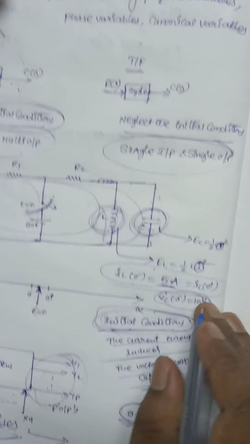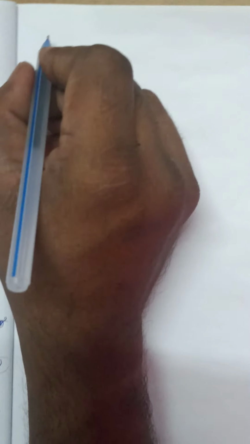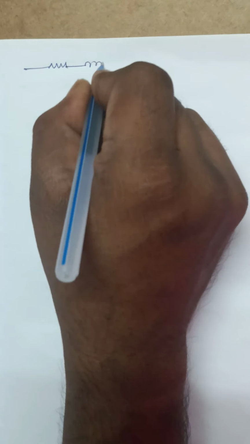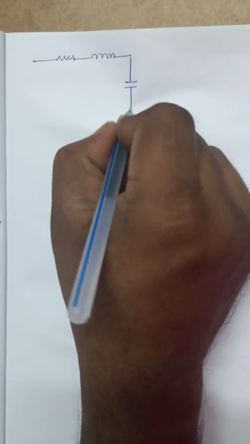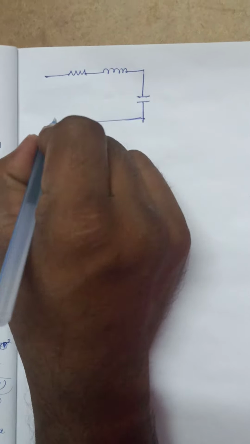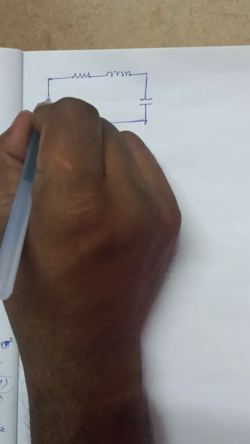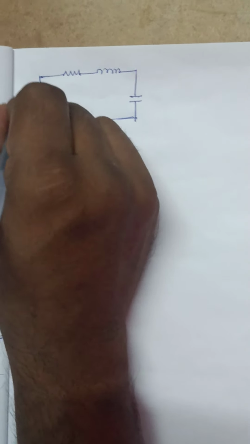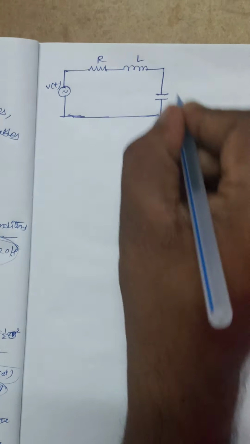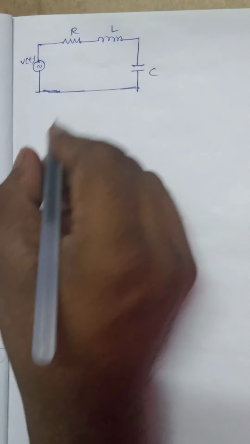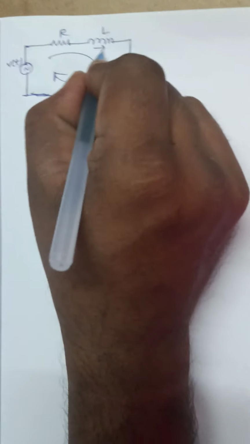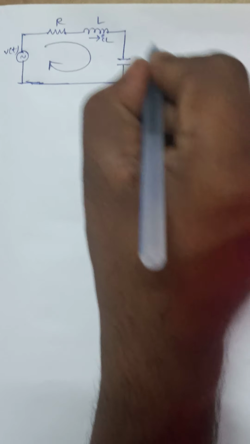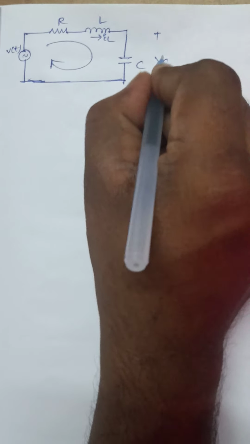Then how do we find the number of state variables for a particular electrical system? Suppose there is an electrical system like this. The voltage V of t is the input here. This is the resistance, this is an inductance, and this is a capacitance. Suppose the current through the inductor is IL, and the voltage across the capacitor is Vc.